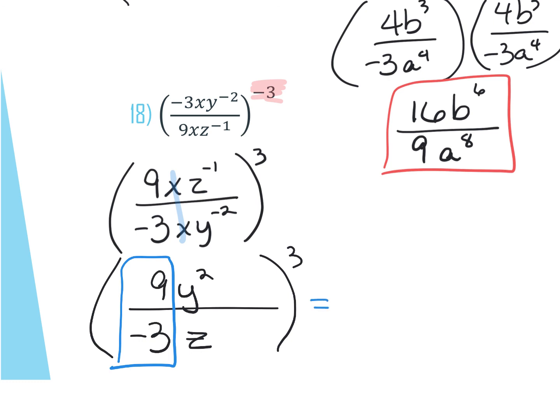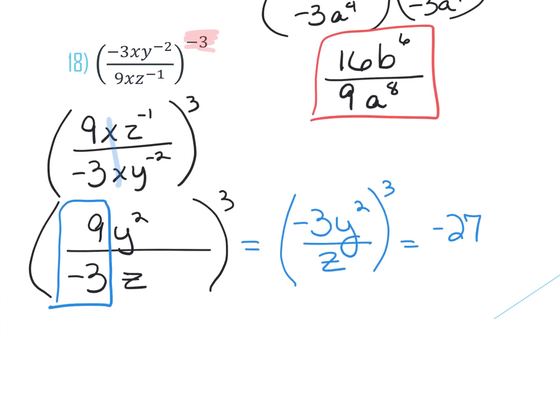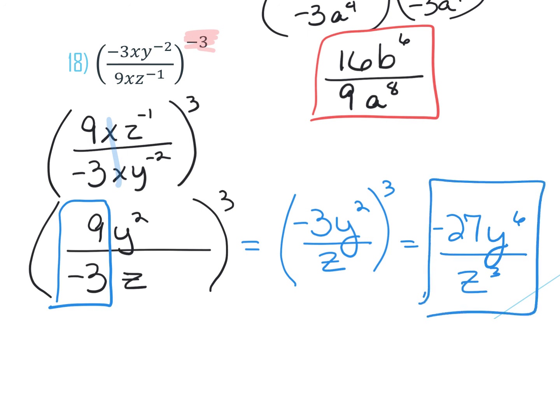So then this becomes -3 y squared over z raised to the third power. -3 to the third power gives me -27. And then y squared raised to the third power is y to the 6th. And then the third power also goes on the z. And that's your final answer. All right.